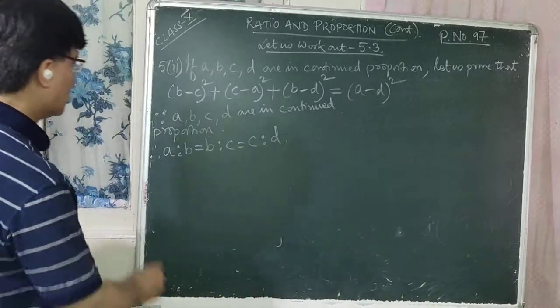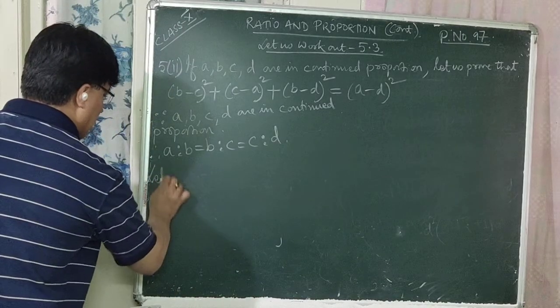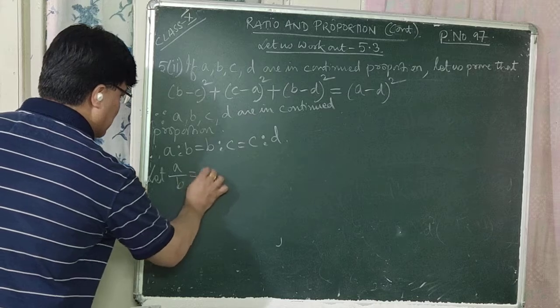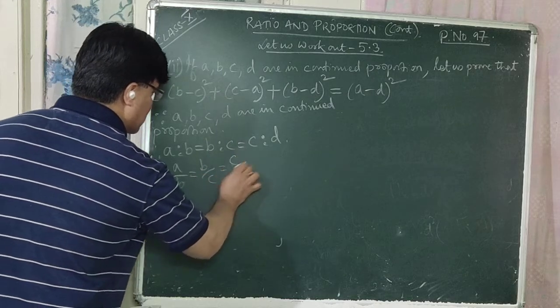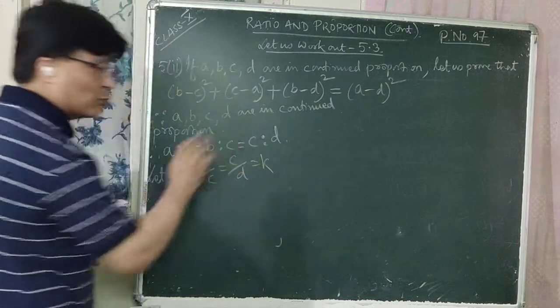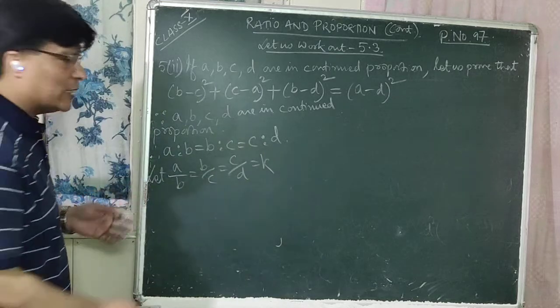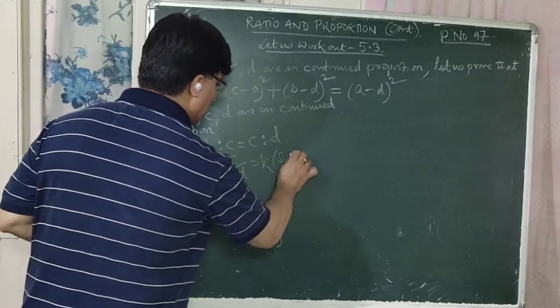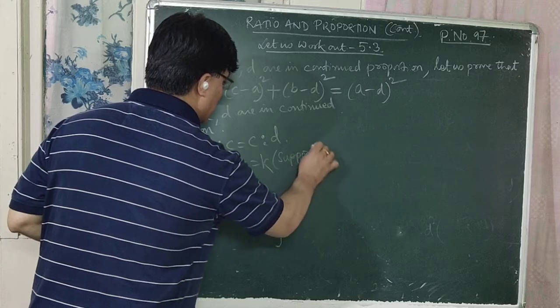So let us write it in terms of fraction. Let A upon B is equal to B upon C is equal to C upon D is equal to K, suppose. So in this case also you can use this K method.